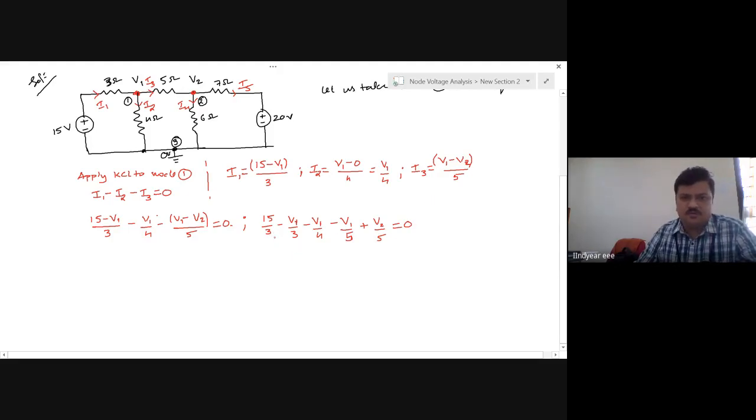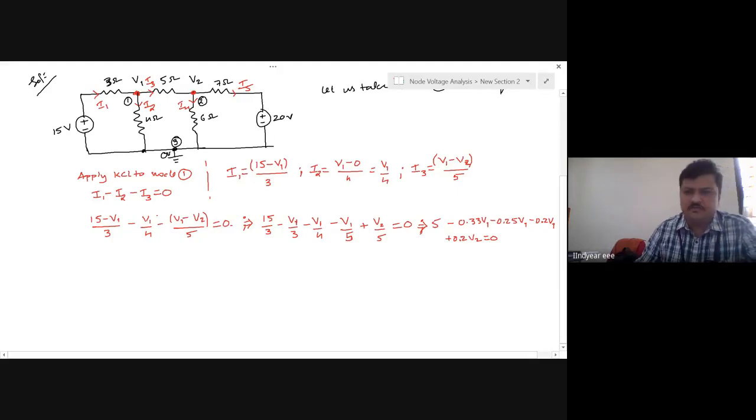Now what is 15 by 3? It is 5. This implies 5 minus V1 by 3, 0.33 V1, minus V1 by 4, 0.25 V1, minus V1 by 5, 0.2 V1, plus V2 by 5, 0.2 V2, is equal to 0.